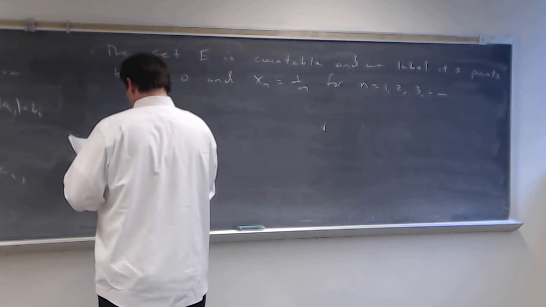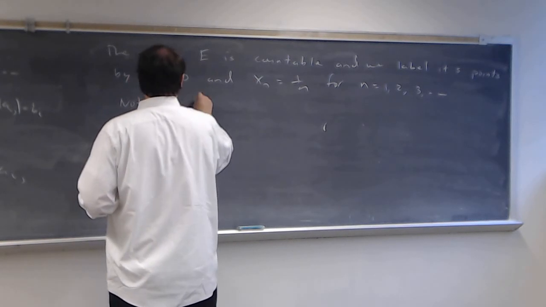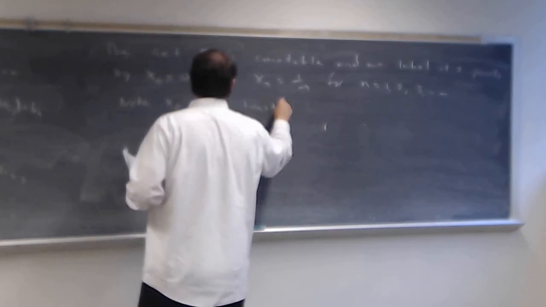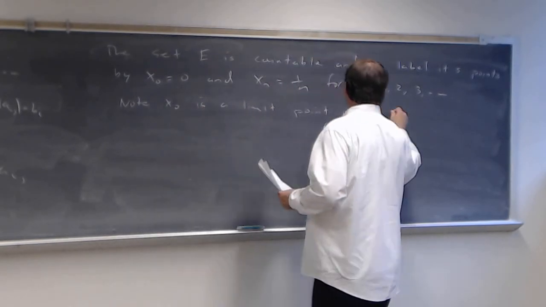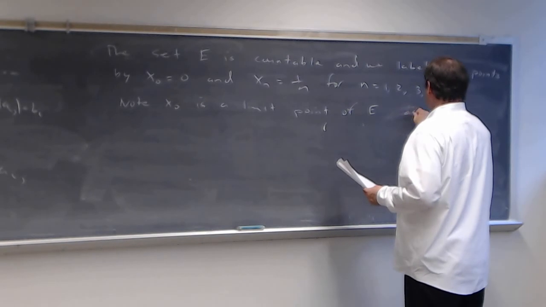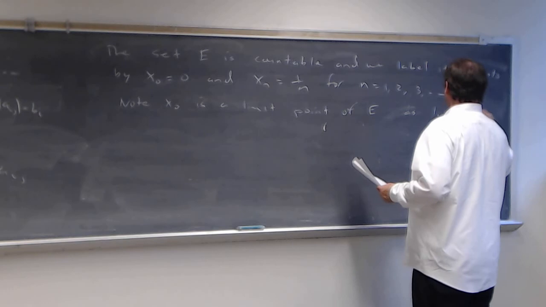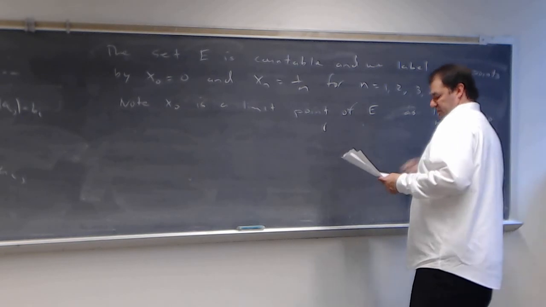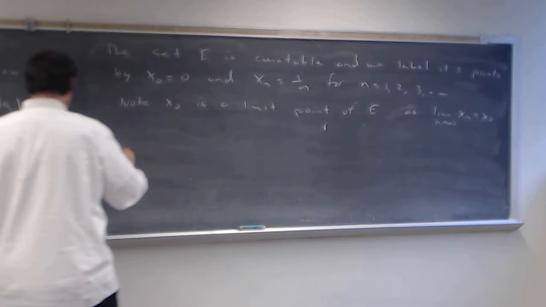Now note, x of 0 is a limit point of E, as the limit as n goes to infinity of x of n equals x of 0, which is 0.